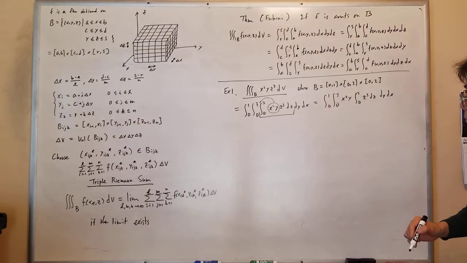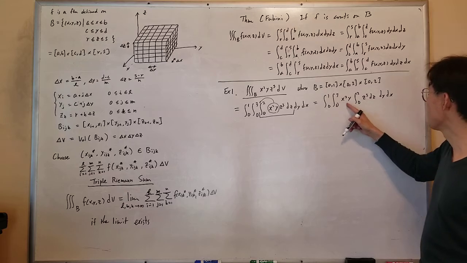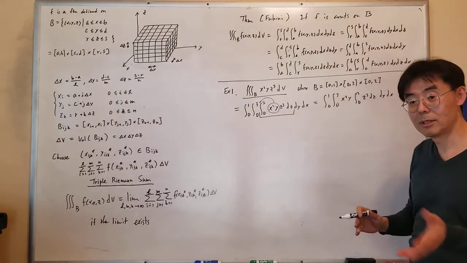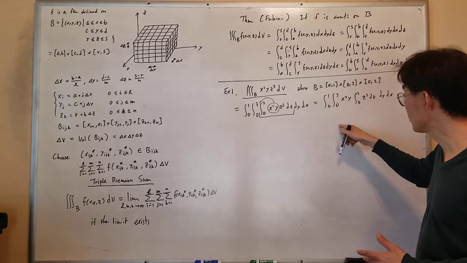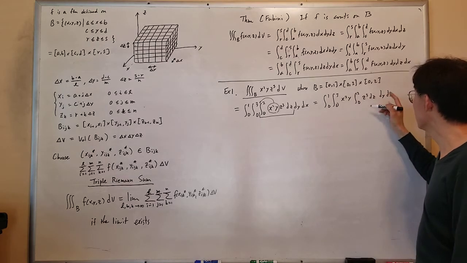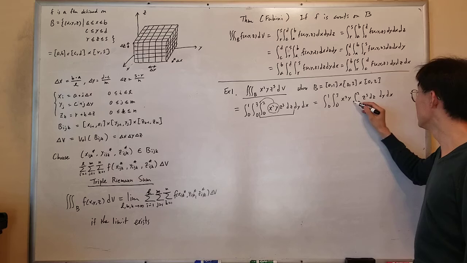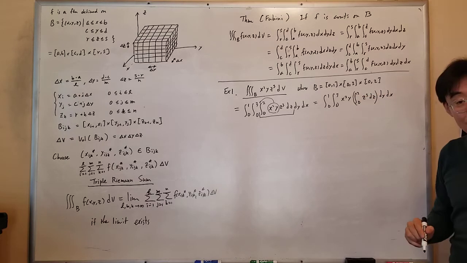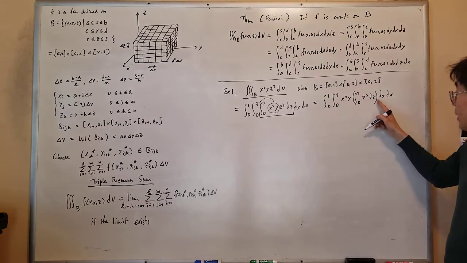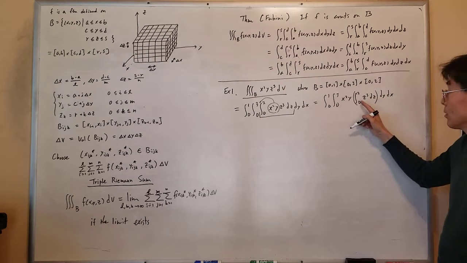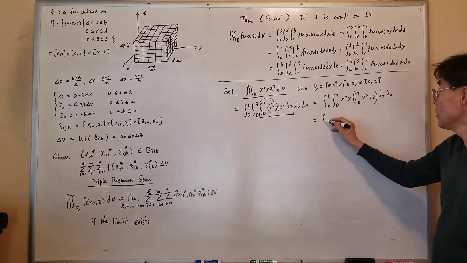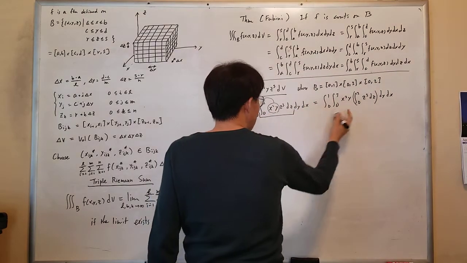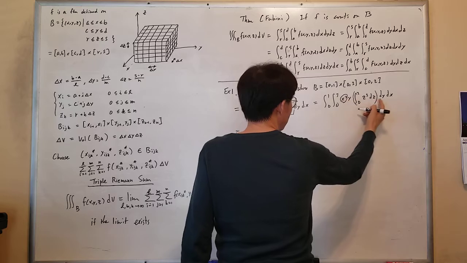And of course, x squared can be taken out of the y integral. So let's do that. This is already a calculated constant, so it can be taken out of the y integral.